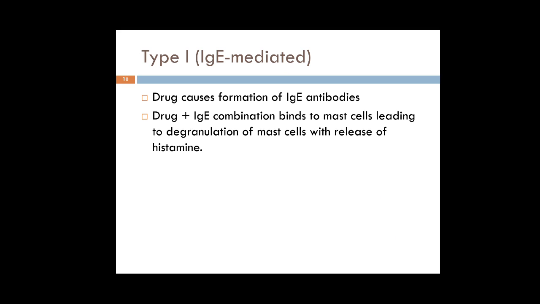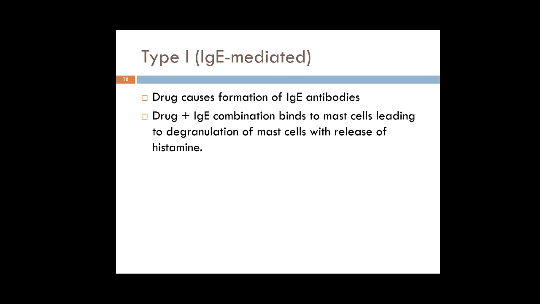Now in type 1, which is IgE mediated, you must be knowing all the antibodies. There are 5 types of antibodies: IgG, IgA, IgM, IgE and IgD. So this particular type 1 reaction is mediated by IgE type of antibody. So your drug acts like an antigen.